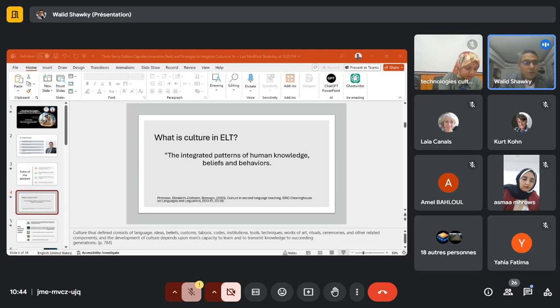So why do we need to focus on culture in EFL? There are so many reasons. The first reason is that, as I said, they are two inseparable entities. We cannot separate language from culture. What we say in our daily life, the way we greet people, the way we communicate, the way we respond in different situations, our idioms, are all taken from our specific culture.